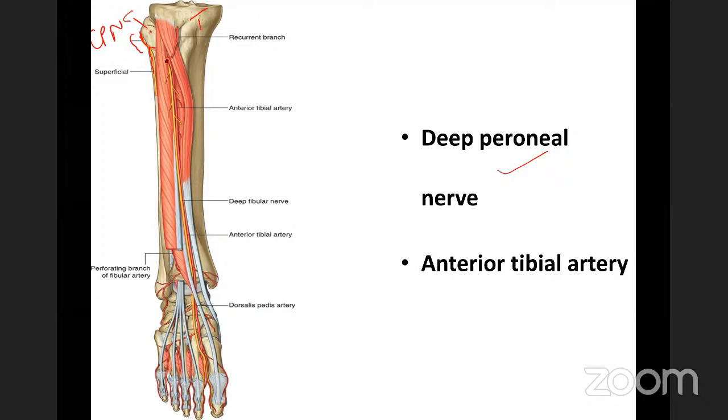This is the superficial peroneal nerve and this is the deep peroneal nerve. The deep peroneal nerve is entering the anterior compartment of the leg. The superficial peroneal nerve innervates the lateral compartment of the leg. Now the artery you are seeing here is the anterior tibial artery, which is a branch of the popliteal artery.